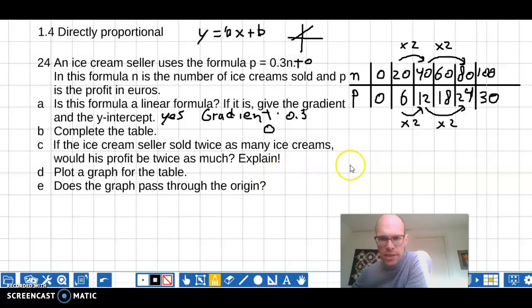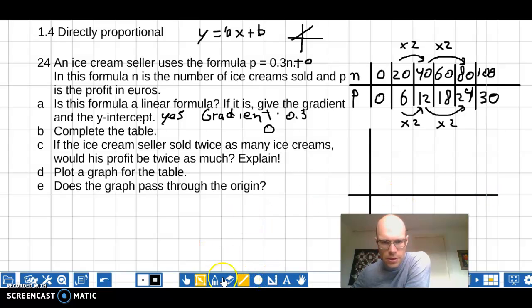And then with the next part, I need to plot a graph for the table. So I need to make a nice graph. This is called the profit, the P-axis.